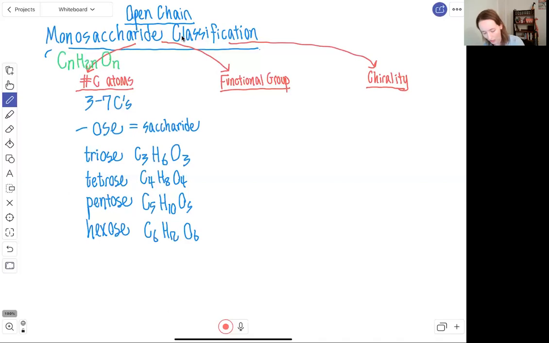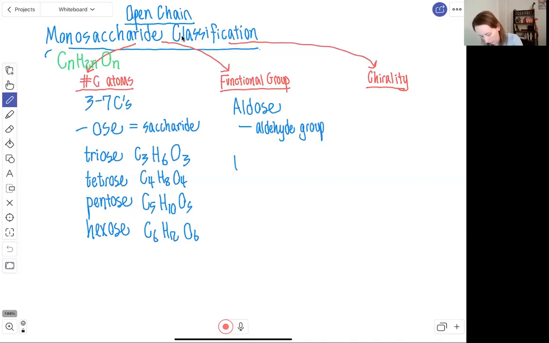So classifying based on functional group, we really can break it into 2 categories for these open chain monosaccharides. Aldose, and again, the OSE there is your clue that this is a carbohydrate building block. And the ald there stands for aldehyde. So an aldose has an aldehyde group in the open chain.